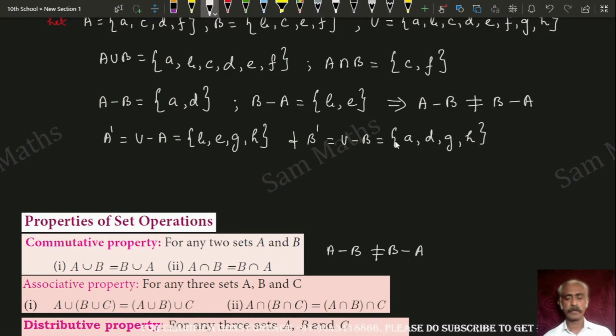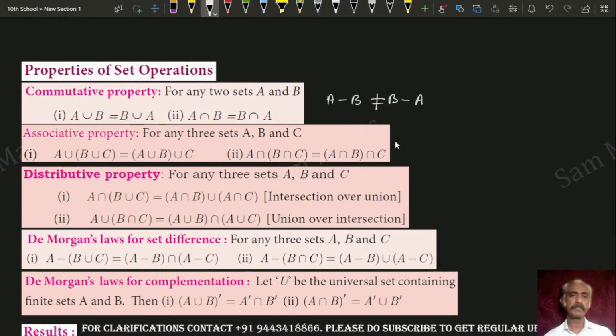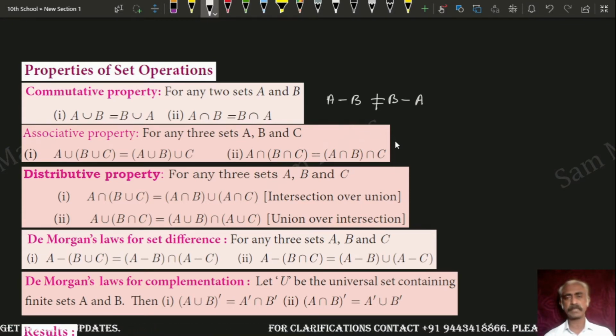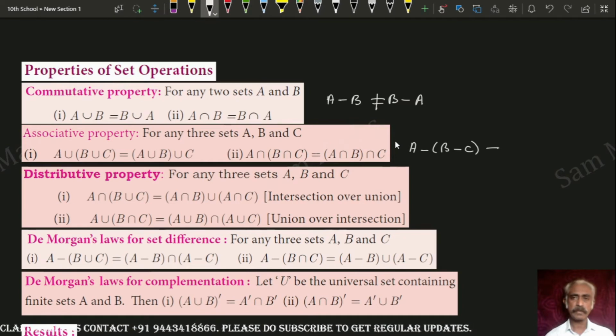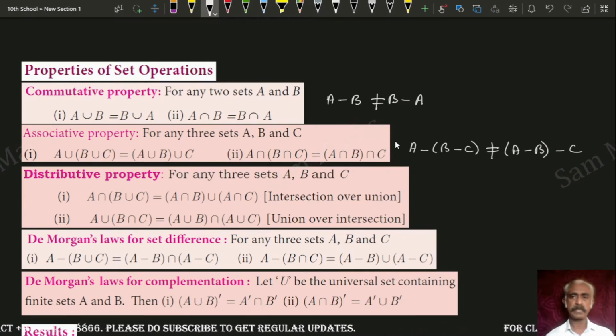Clear, children? Then associative property, for that we consider three sets. A union (B union C) is equal to (A union B) union C. Second property in terms of intersection. A intersection (B intersection C) is equal to (A intersection B) intersection C. Okay. Like that, A minus (B minus C) is not equal to (A minus B) minus C in general.